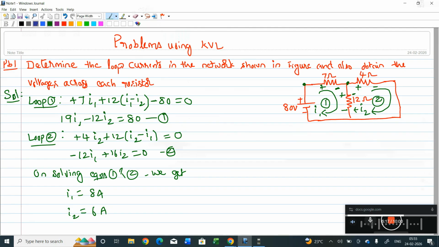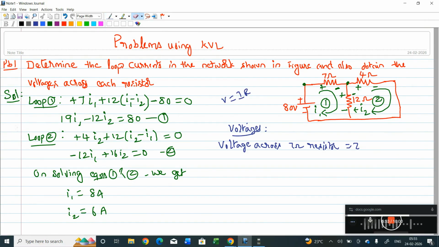Now we need to find out the voltages. So let's see how to find out the voltages. The voltage across the 7 ohm resistor: the voltage equation is V equal to IR, resistance into the current flowing through that resistance.